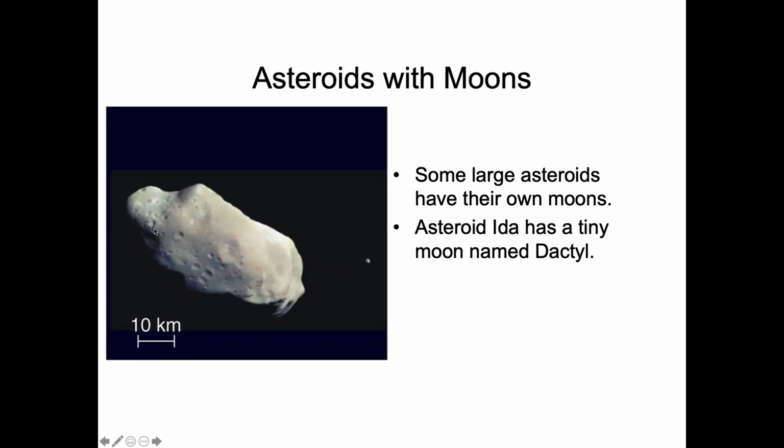Whereas Ida is somewhere around 45 to 50, probably closer to 45 kilometers across. But again, you can see even at this size, it's not large enough to pull itself into a spherical shape.